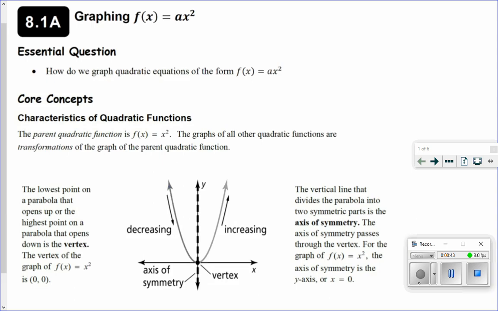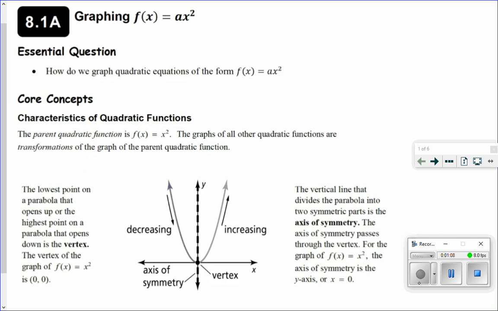We're going to kick that off by really getting some basic characteristics about the graph. So this chapter 8 is primarily understanding the graph and the patterns in quadratics. And we're starting with baby steps. Quadratic graphs can have lots of different moving parts, more so than linear equations.